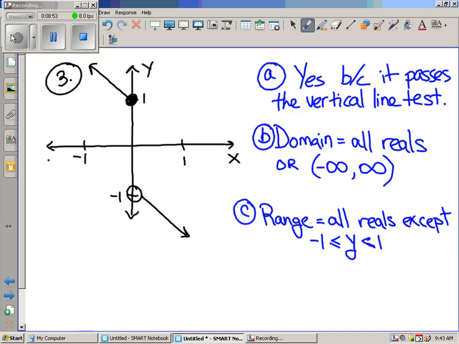What's another way to describe the range? Another suggestion was that in this particular problem for the range, we could basically break it down into two separate problems. The first part being the top over here, right? How do you describe that in terms of the range? Well, all the y values have to be greater than or equal to 1.